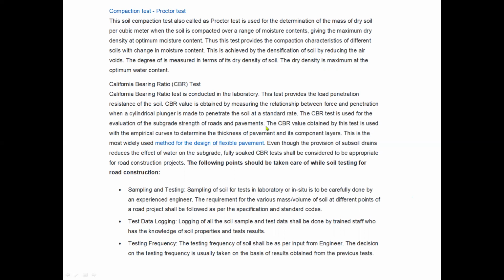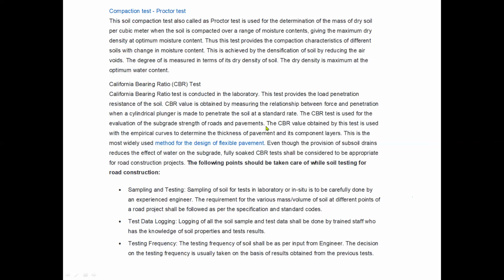The value obtained by this test is used with the empirical curves to determine the thickness of pavement and its component layers. This is the most widely used method for the design of flexible pavement, even though the provision of subsoil drains reduces the effect of water on the subgrade.